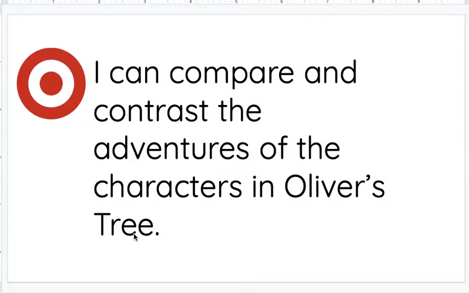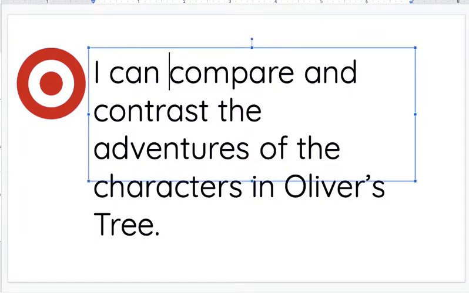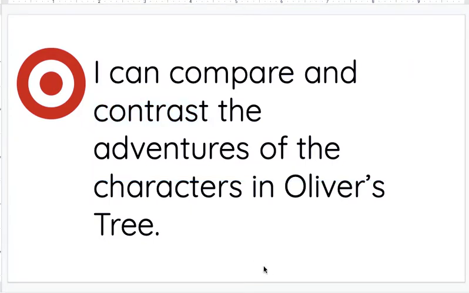Now let's break down what some of those words mean. Let's break it into some parts. I can compare and contrast. Compare and contrast are two words that mean finding things that are the same and different. Compare means thinking about things that are the same, and contrast means finding things that are different. So we're going to be comparing and contrasting the characters' adventures.